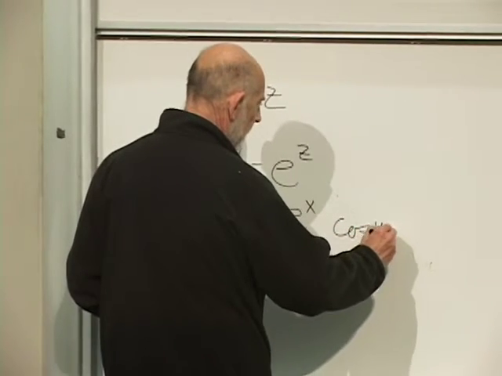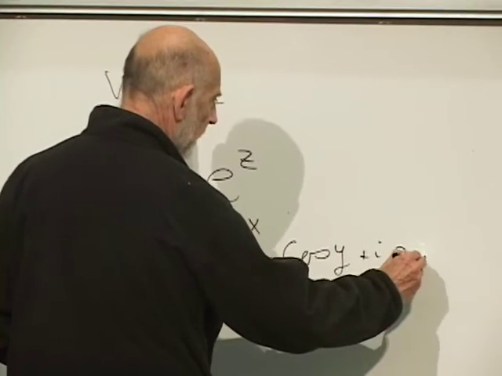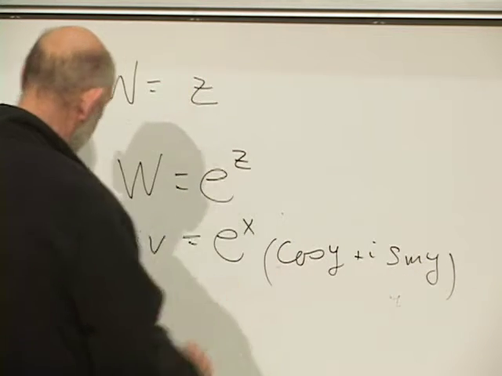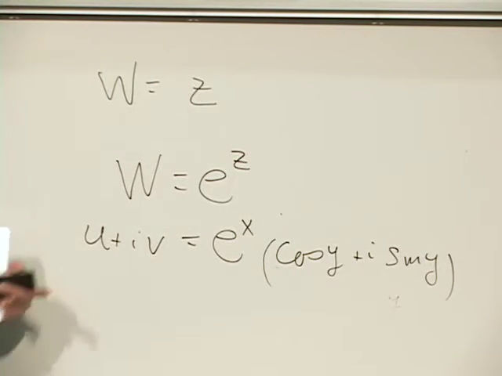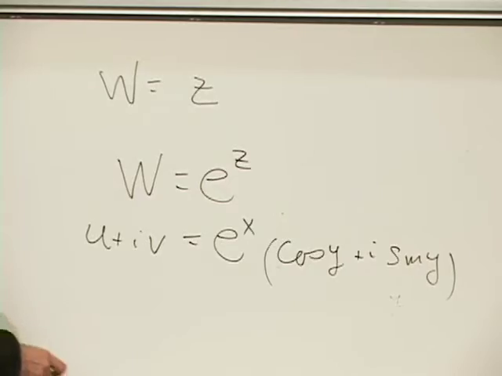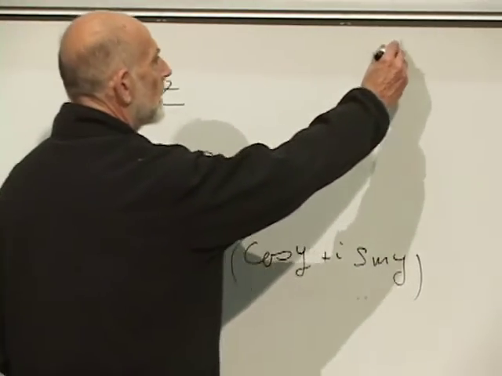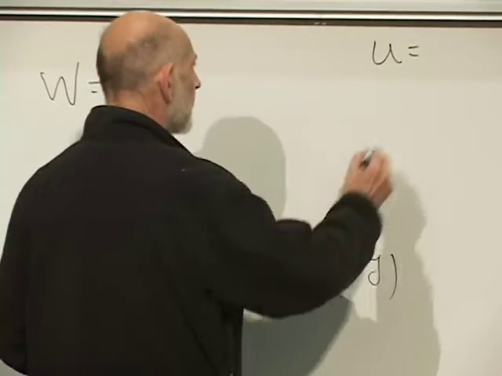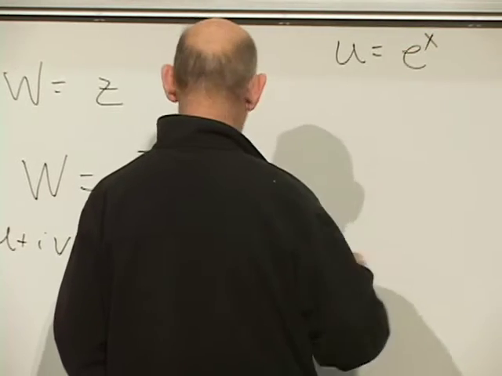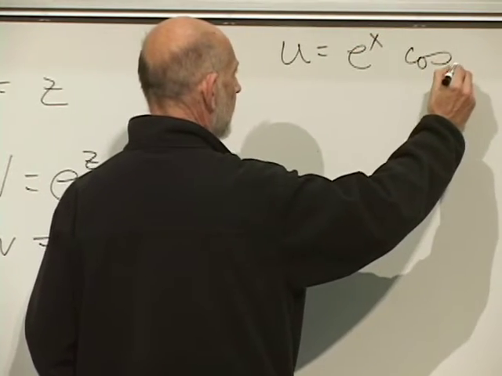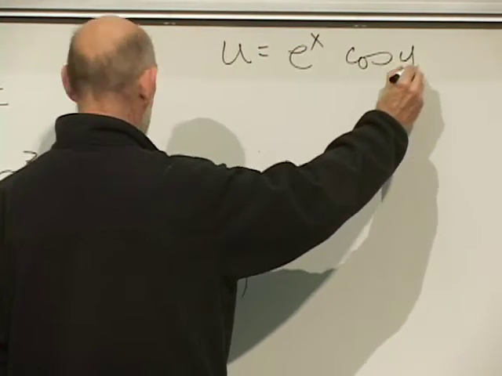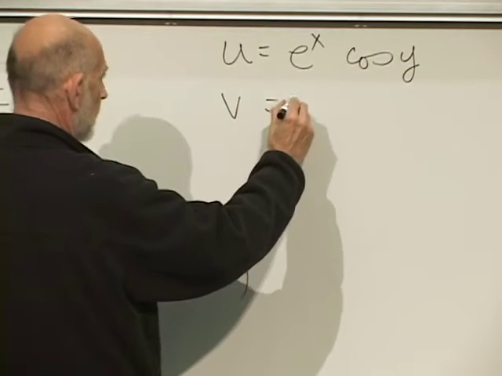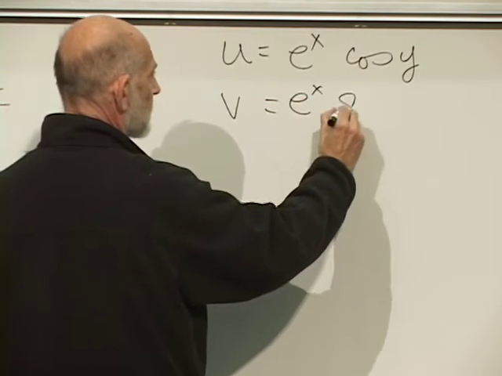Okay, so can you read off u from this? U is equal to e to the x times cosine y, and v is equal to e to the x times sine of y.